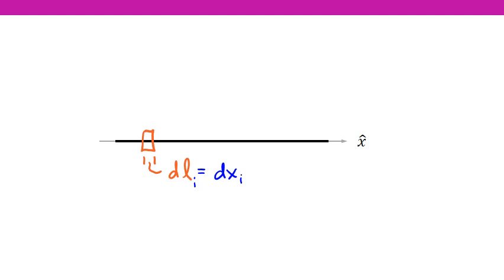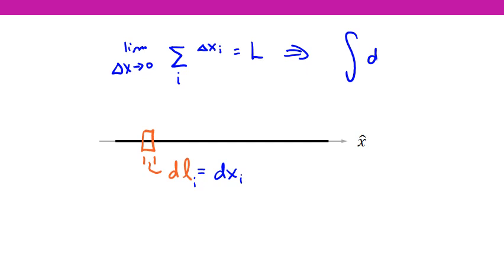And so if I were doing this in some discrete form, these would actually be a delta x, and I would add them up, and I would get my total length. When we take the limit that delta x goes to 0, then this becomes the integral of dx between some limits.